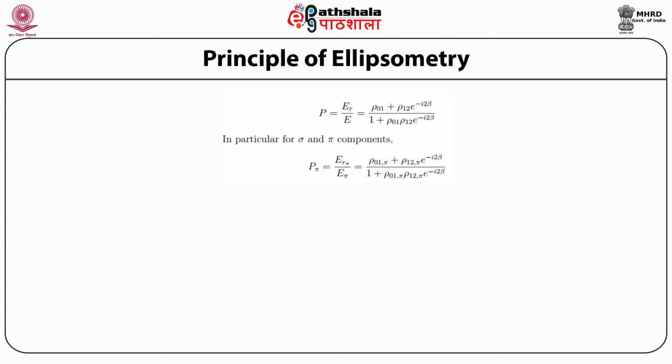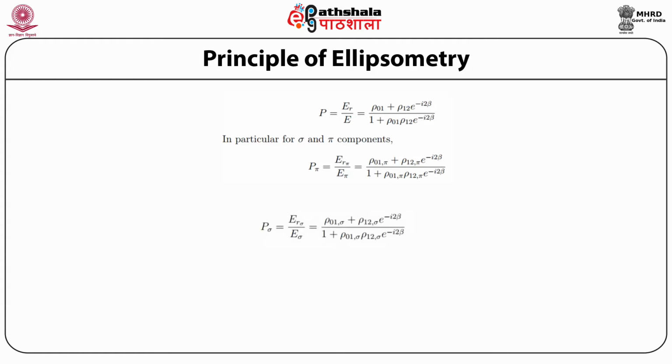beta. In particular, for sigma and pi components, P pi equals ER pi by E pi, which equals ρ01 pi plus ρ12 pi into e raised to power minus iota into 2 beta divided by 1 plus ρ01 pi into ρ12 pi into e raised to power minus iota into 2 beta.